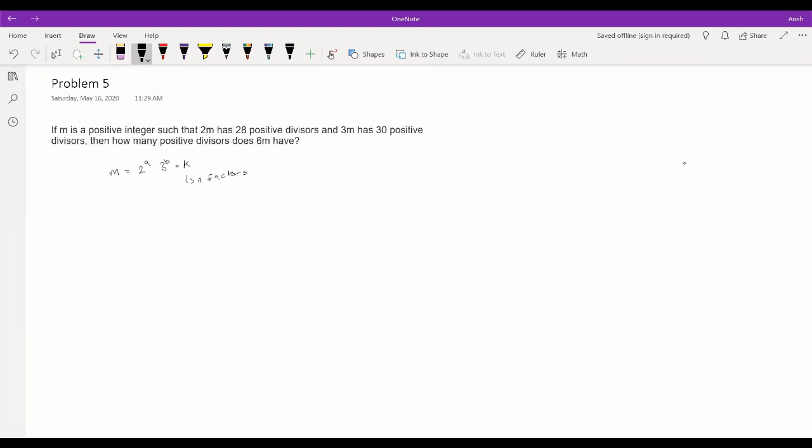So that means m, using our algorithm, since we already know k has n factors, we just need to multiply by a plus 1 and b plus 1. So it would have n times a plus 1 times b plus 1 factors.